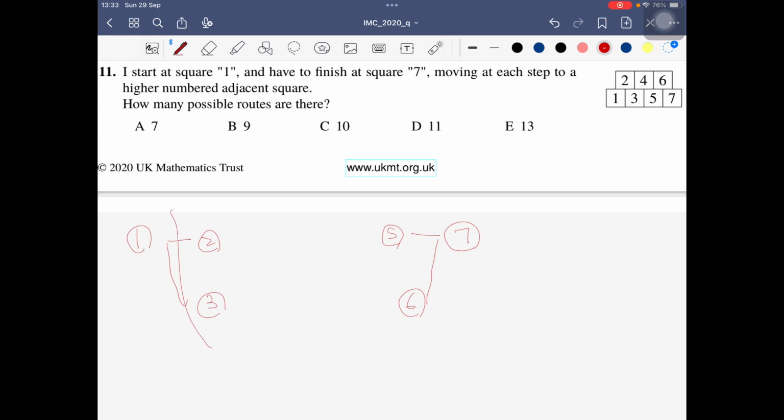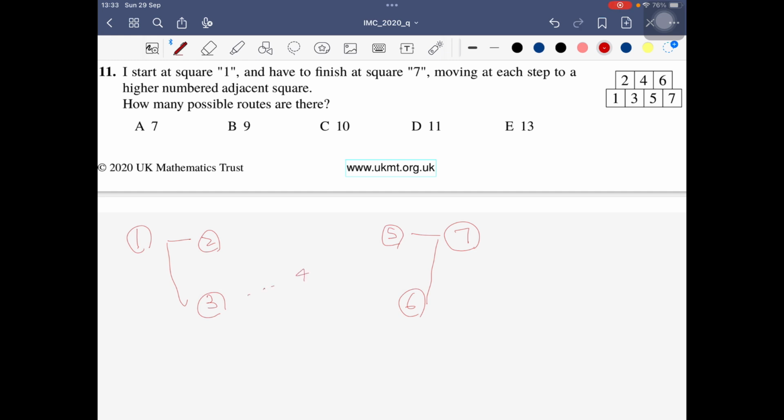We consider only this route because from 1 to 7, even though it is not very complex, it's better to think with the small numbers. So from 2 to 5, let's start from 3 because it's closer. So 3 to 5, there is one number between.